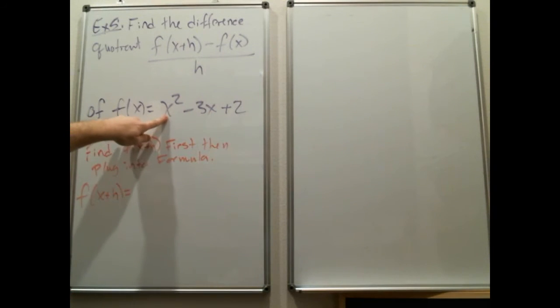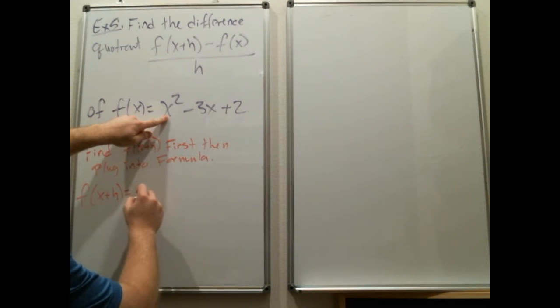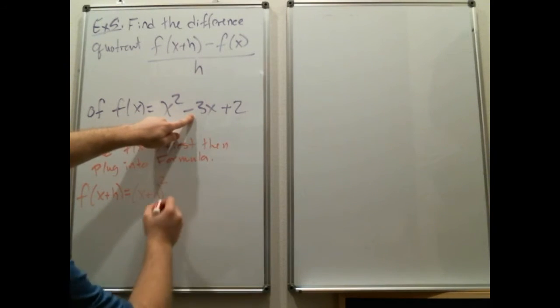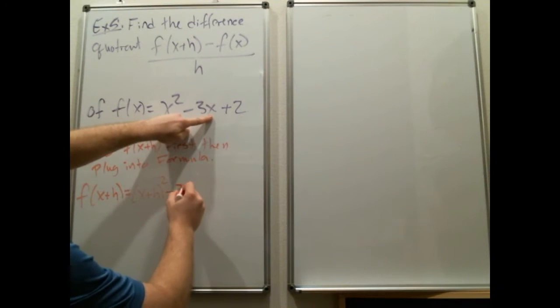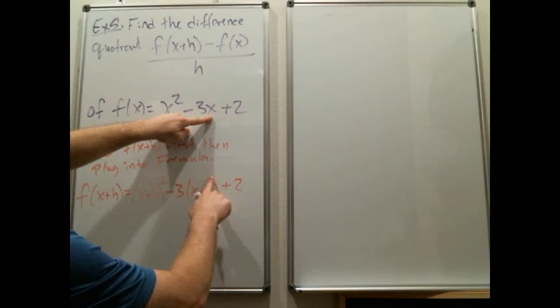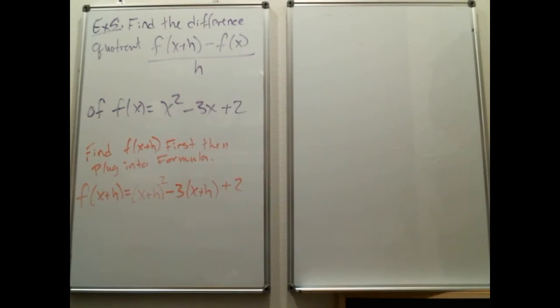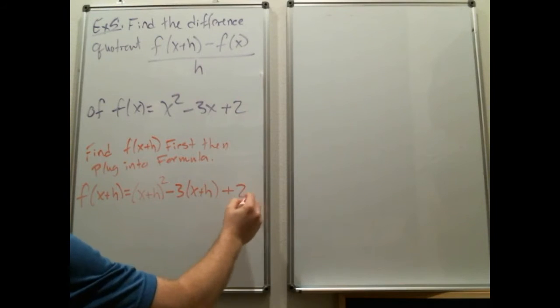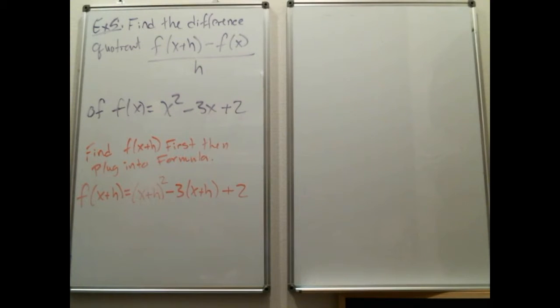So you get x plus h squared. Hopefully this is coming back to you slowly. Minus 3x is now x plus h, and then plus 2. Now multiply this out and simplify it.